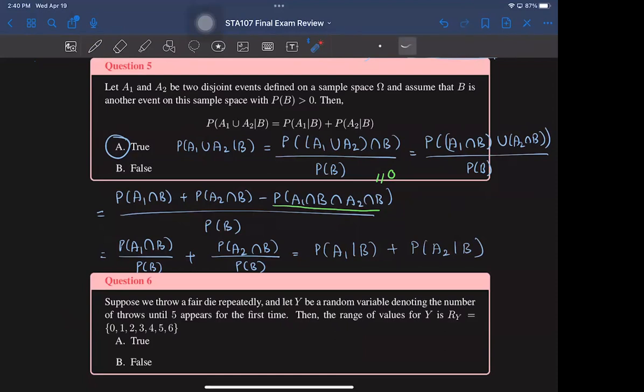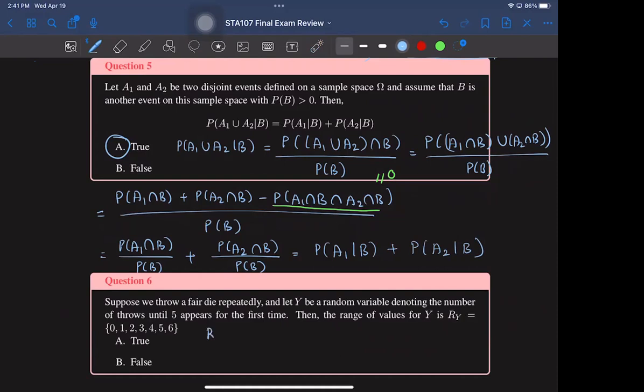That is also correct. So we don't have an upper bound for Y, because Y denotes the number of throws until the 5 appears for the first time. We cannot really have any restriction like a maximum number of throws after which you are sure to get a 5. Therefore, I also see a student give that geometric distribution starts with 1. That is also correct.